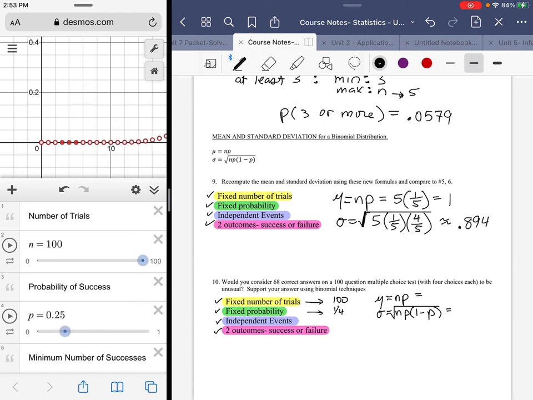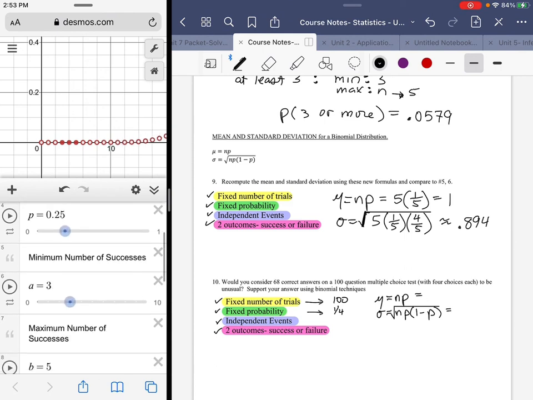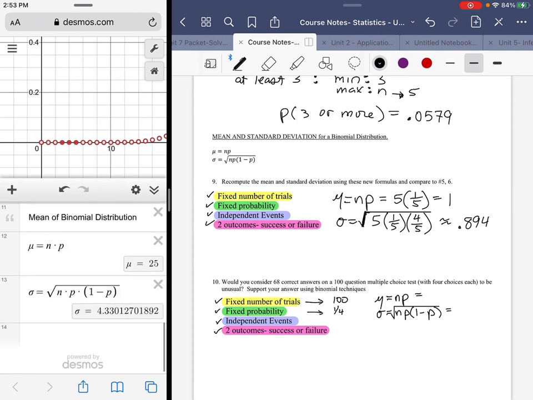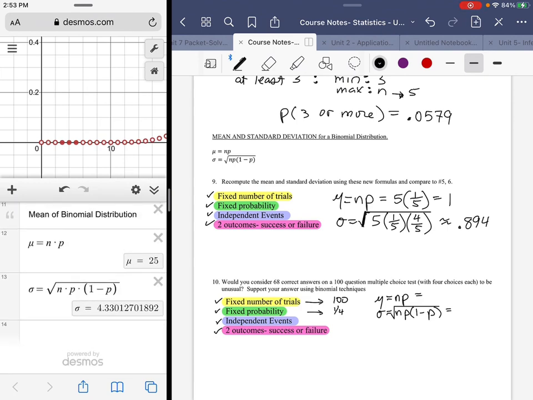Probability of success, 0.25. I don't need to evaluate any probabilities. I just need to go on down here to get the np and the square root of np times 1 minus p. 4.330.